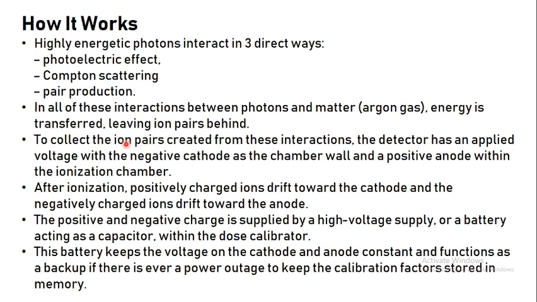To collect the ion pair created from these interactions, the detector has an applied voltage with the negative cathode as the chamber wall and a positive anode within the ionization chamber as a wire or any other way. After ionization, positively charged ions drift toward the cathode and the negatively charged ions or electrons drift toward the anode.